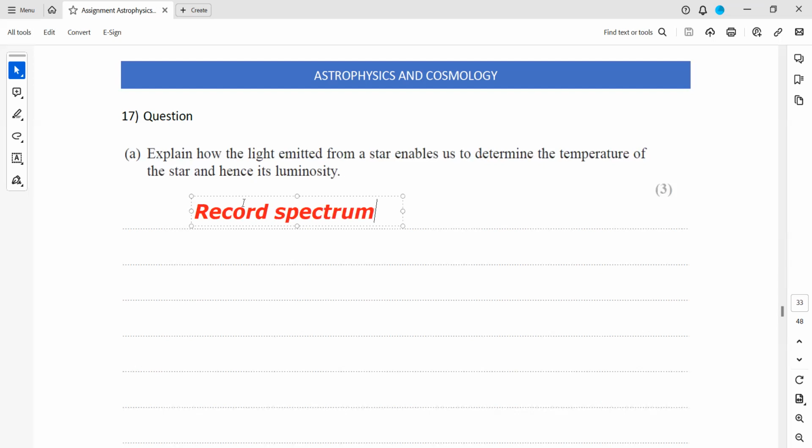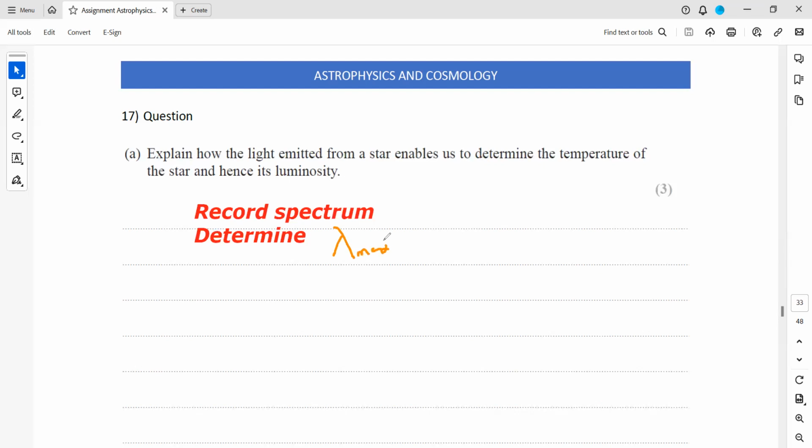After recording the spectrum of the star, we will determine the lambda max from the spectrum.